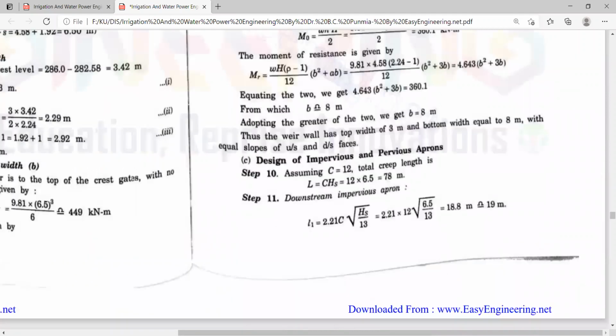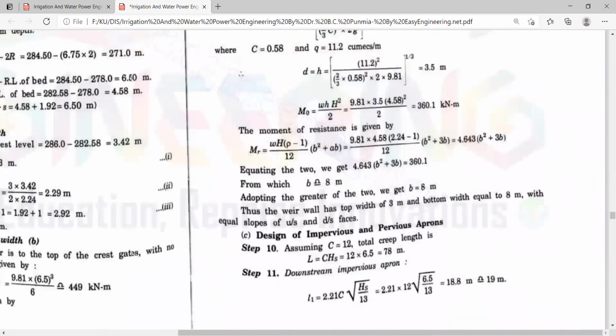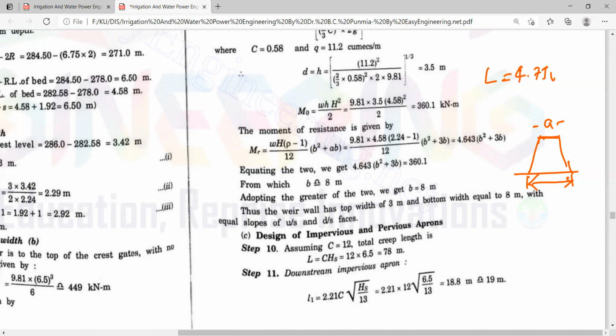Yeah, right. So we are designing the weir wall. Design of the weir wall is nothing but calculation of the top width of the wall as well as the bottom width of the wall. We know that the length of weir is 4.75 root q. In the first step we calculated the total length of weir, L, and found the dimensions of the weir.